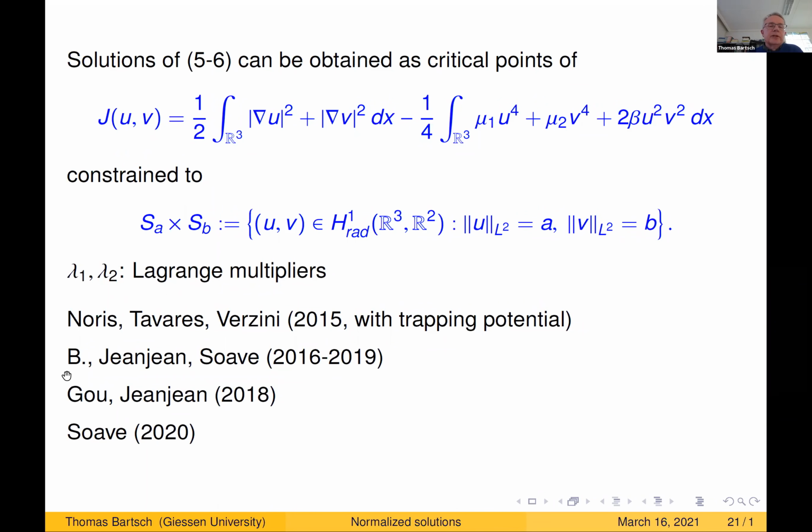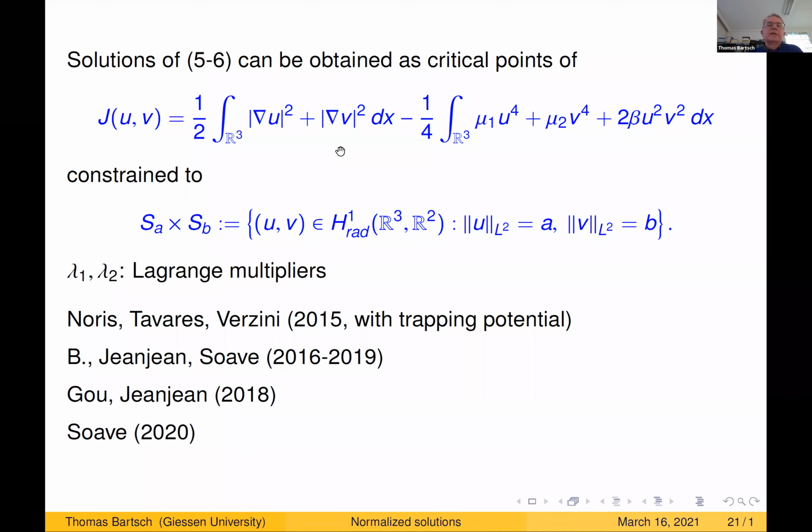This has been considered not just in the work with Jeanjean and Soave, but also Gou and Jeanjean and Nicola continued to work on that, also for more general cases, more general exponents here instead of exponents 4 here and 2 here.